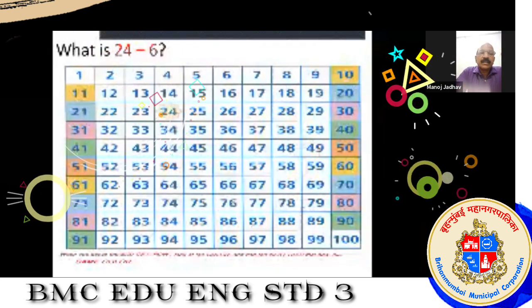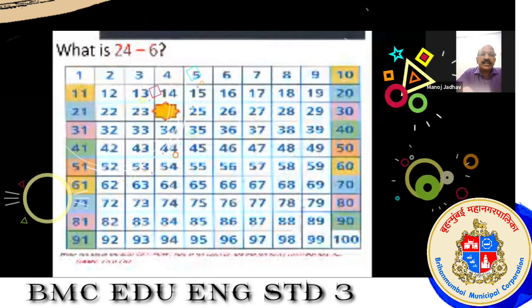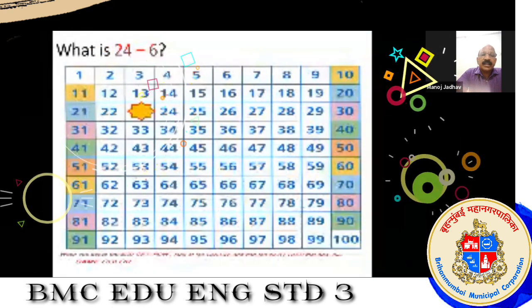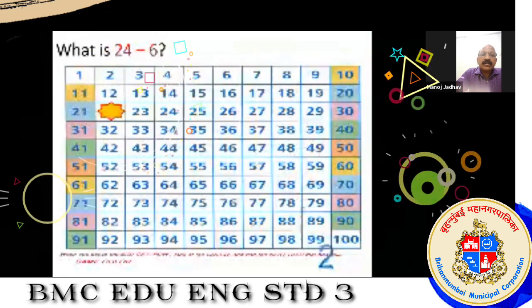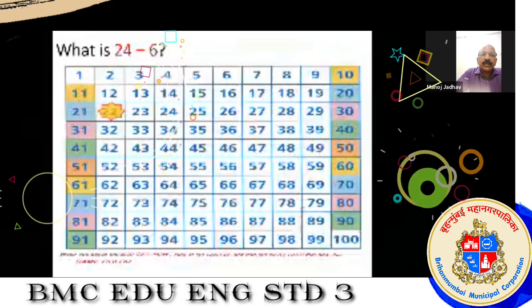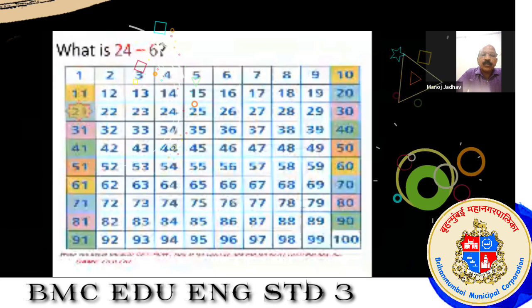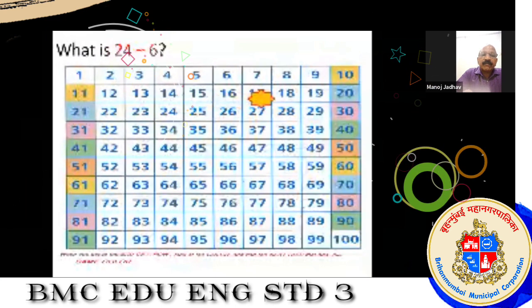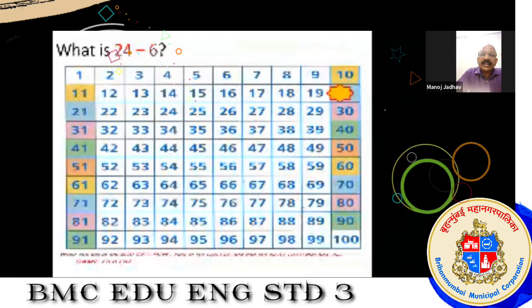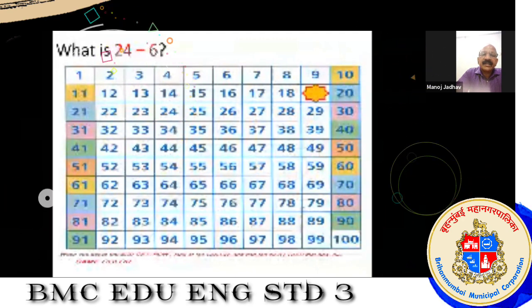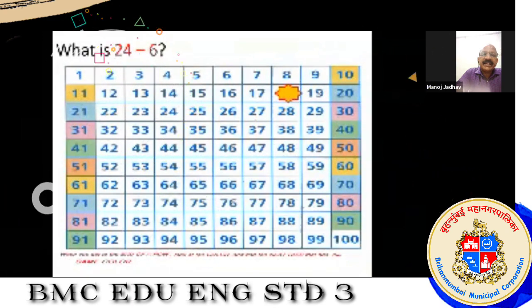Now see, 24 minus 6. Can you see this? What is 24 minus 6? Now see the number 24. From 24, one star is moving backward, from 24 to 23, 22, 21, now 20, then 19, then 18.